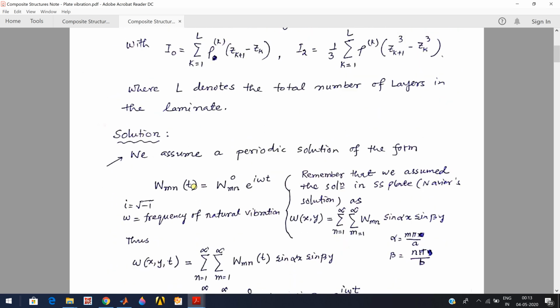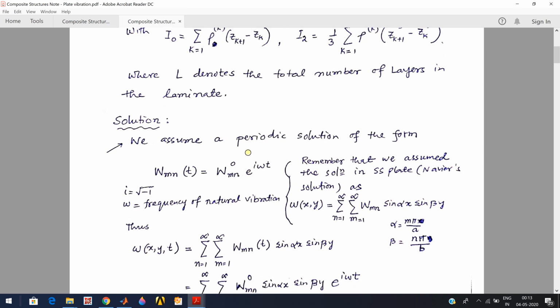In the Navier method, the transverse deflection of the plate is assumed to be periodic, and that is expressed using this equation.